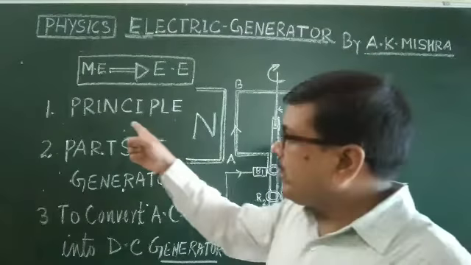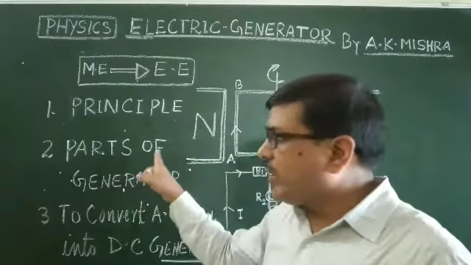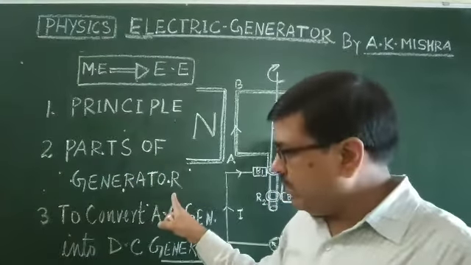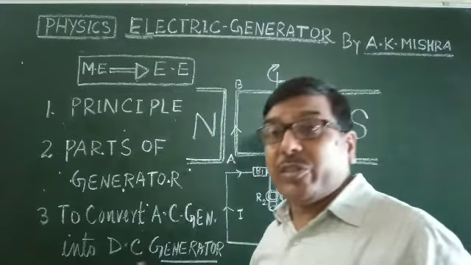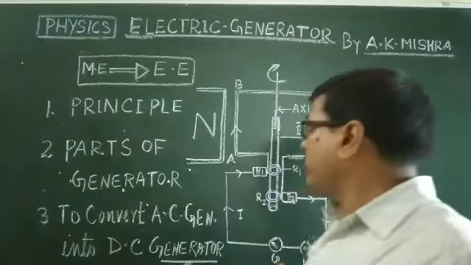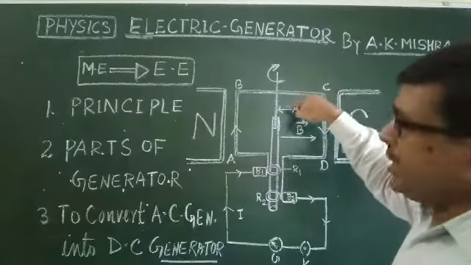So, we will discuss its principle, second, the important parts of the generator, and how to convert an AC generator into a DC generator, and uses. I have drawn the AC generator here.